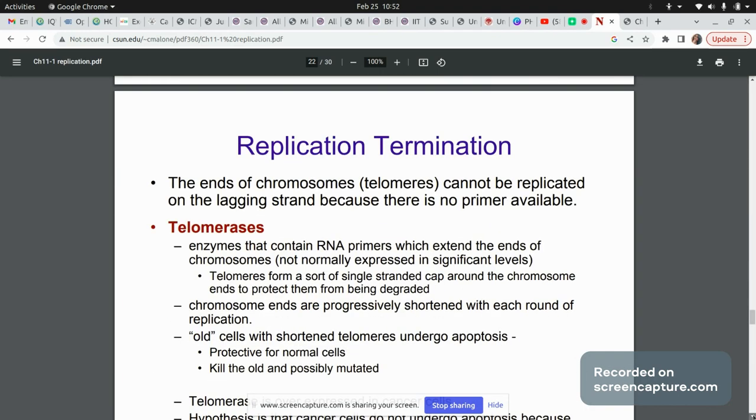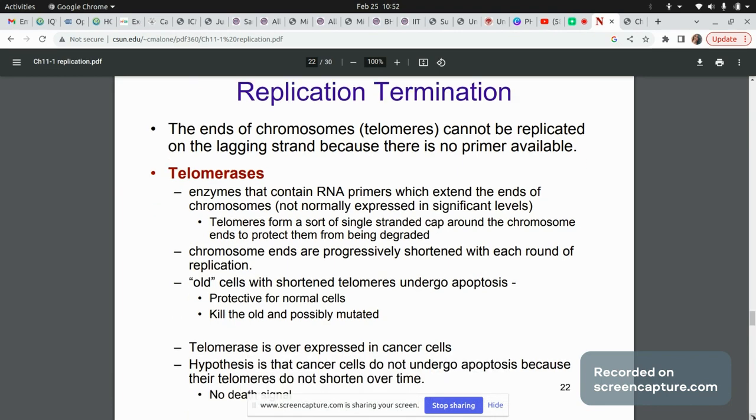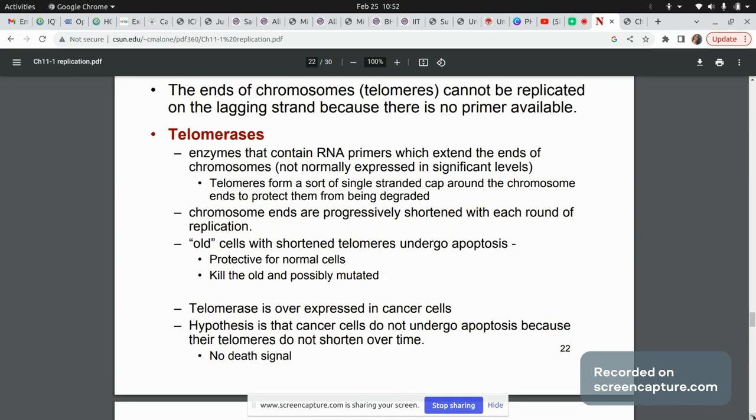Replication termination. The end of the chromosome cannot be replicated on the lagging strand because there is no primer available. Telomerase is an enzyme that contains an RNA template, which extends the ends of the chromosomes. Telomerase forms a single-stranded cap around the chromosome end to protect it from being degraded.